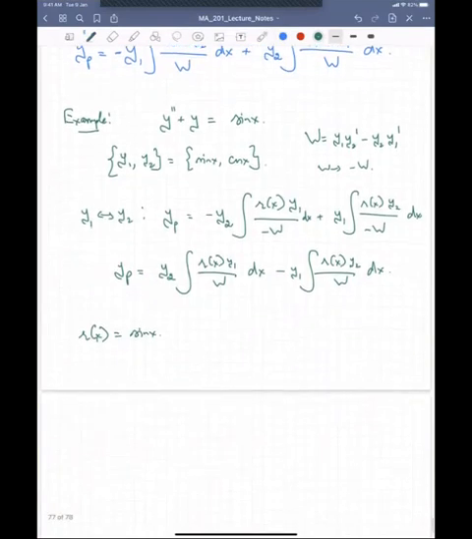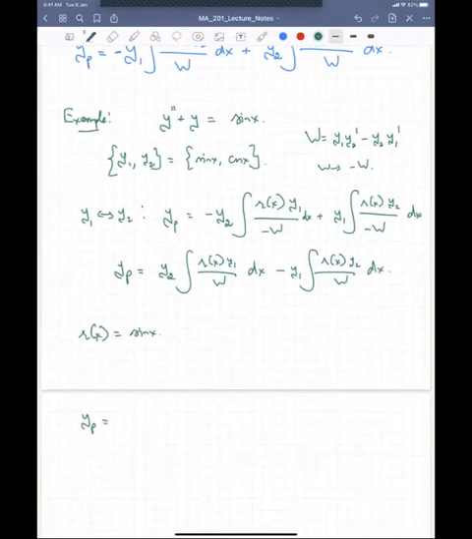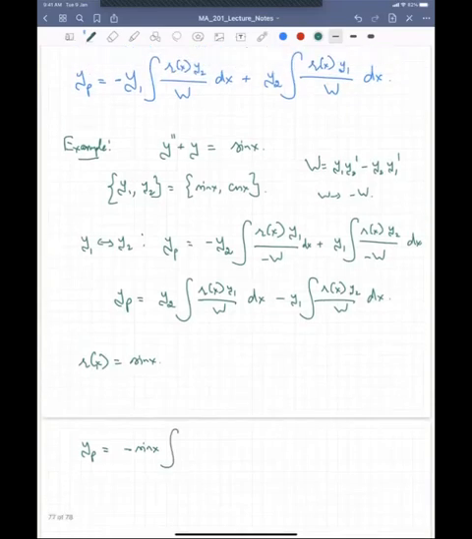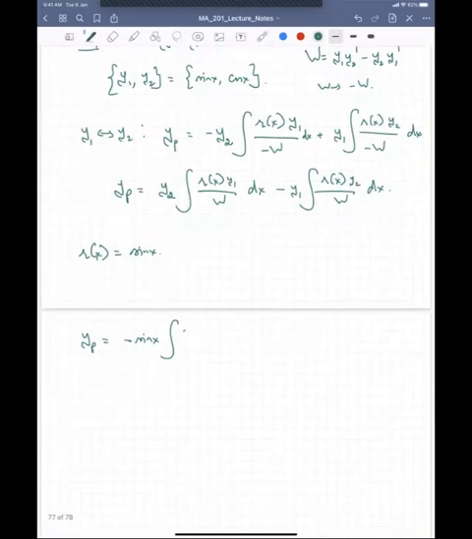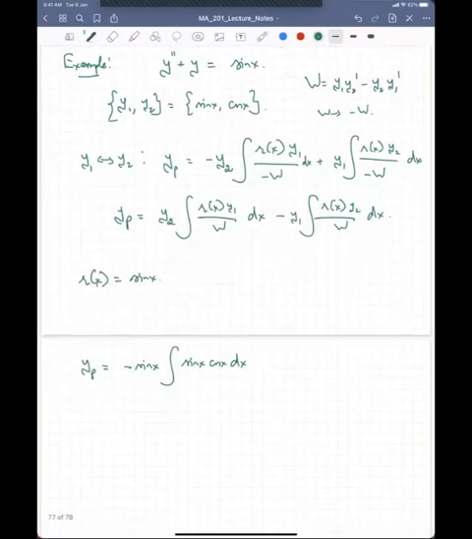So my particular solution in this case would be minus sin x, and the Wronskian of sin and cos is 1, integral, and the Wronskian of sin omega x and cos omega x is of course omega. So this is something useful to remember. Sin x, this would be sin x cos x dx, plus y2.